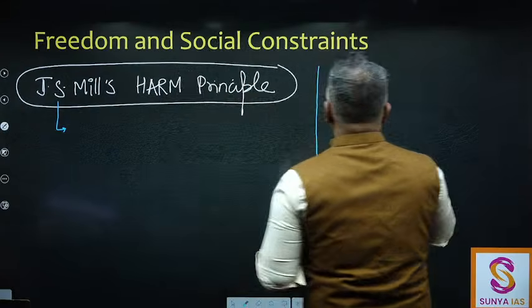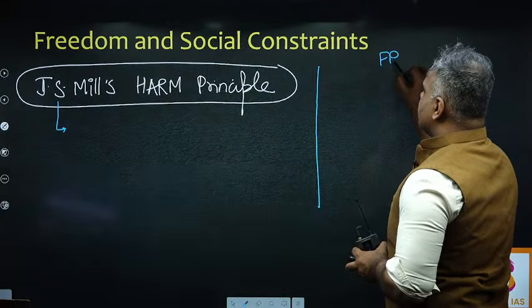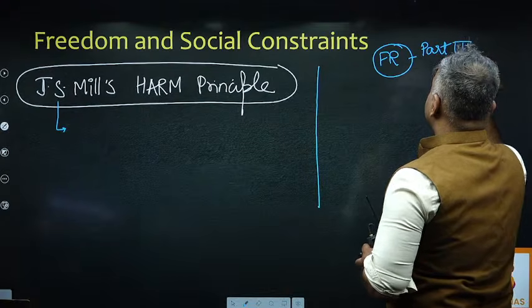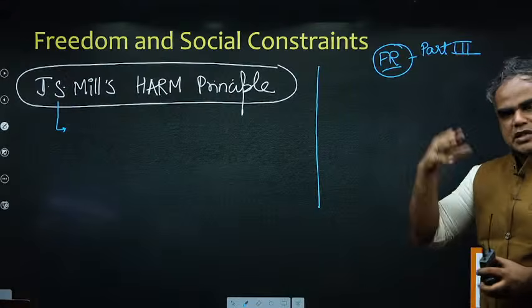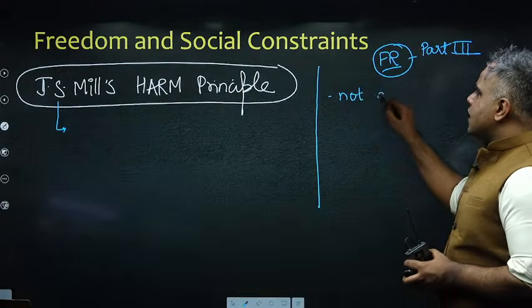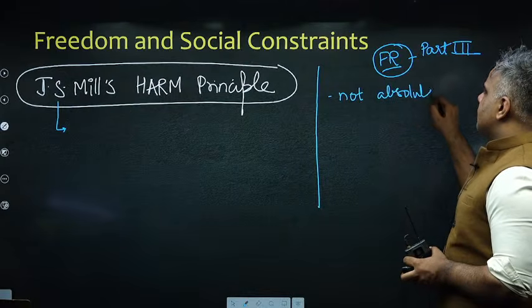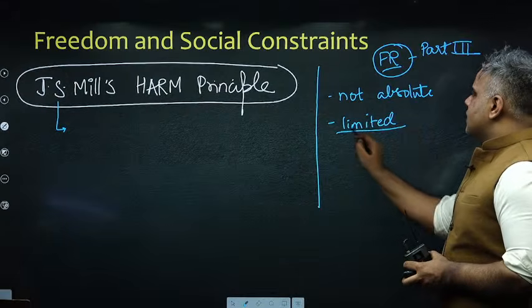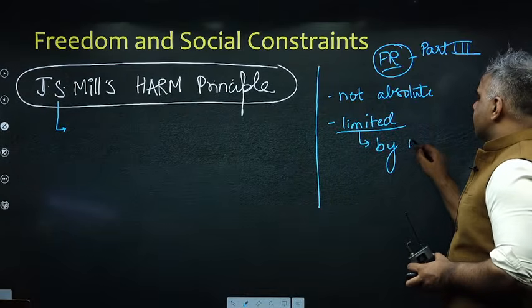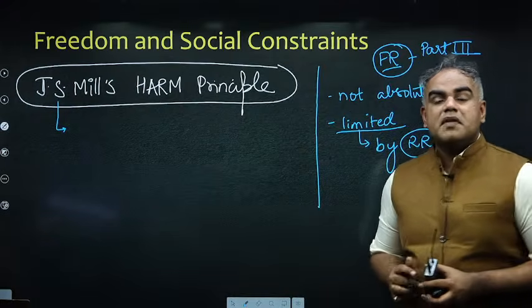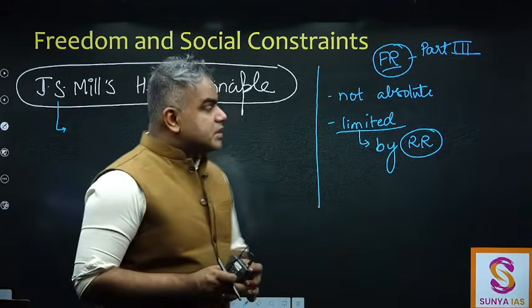Even your fundamental rights, which are in Part 3 of the Indian Constitution, all of which we'll see in more detail as we move along. Fundamental rights, please remember, are not absolute. They are limited by reasonable restrictions.